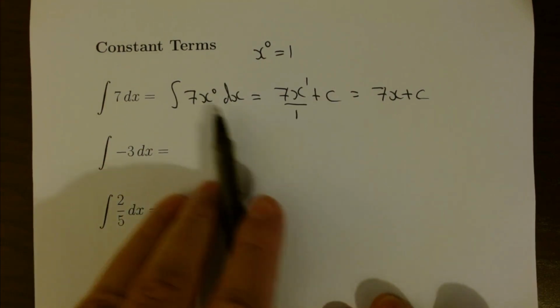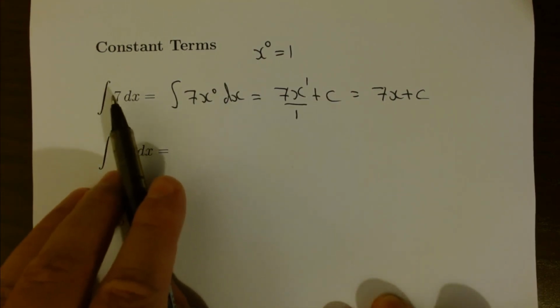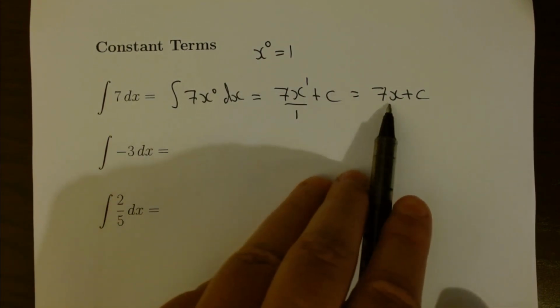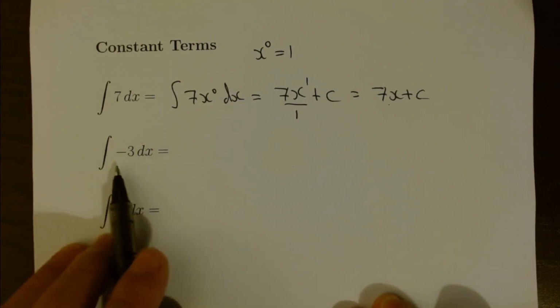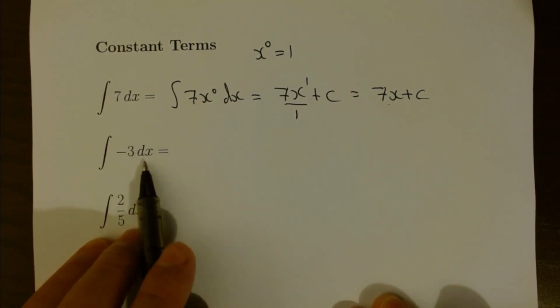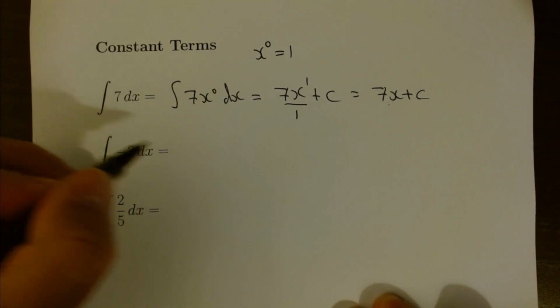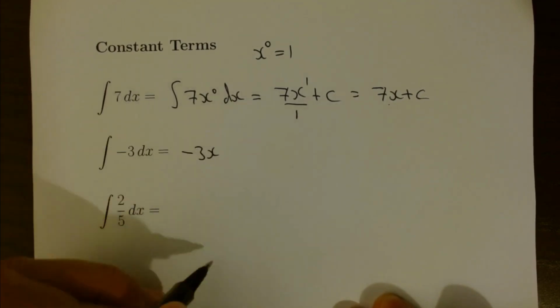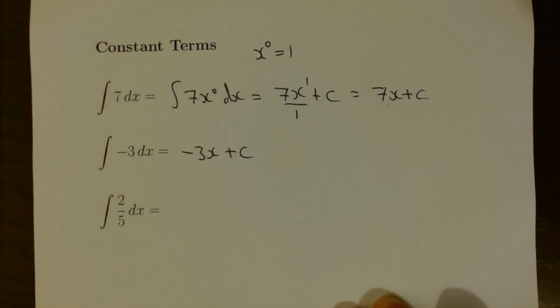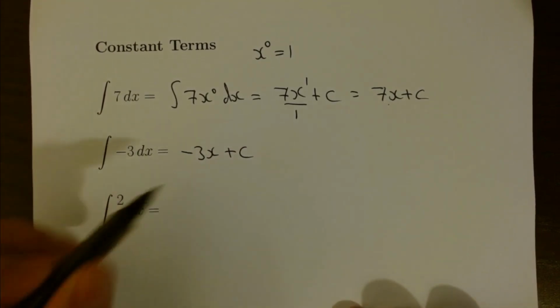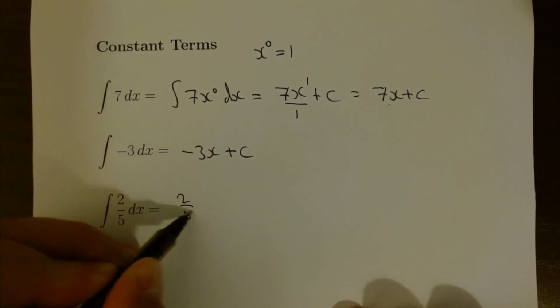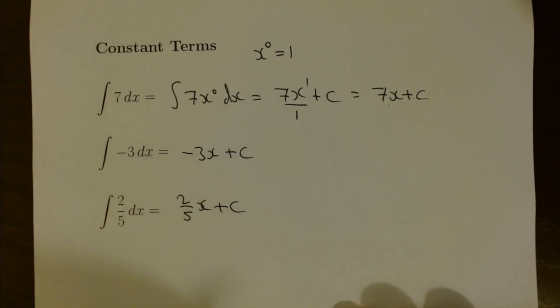And in general, for this type of constant terms, you can go from here directly to 7x. So if we wanted to integrate minus 3 with respect to x, the answer is minus 3x plus c. The integral of 2/5 will be 2/5 x plus c.